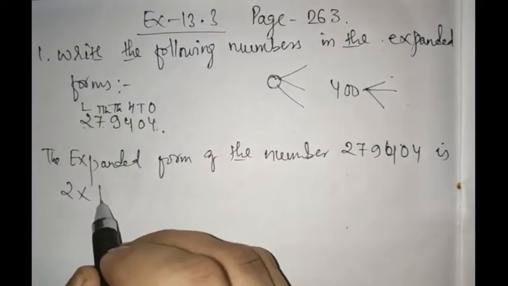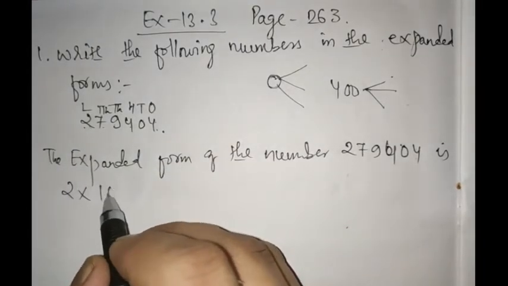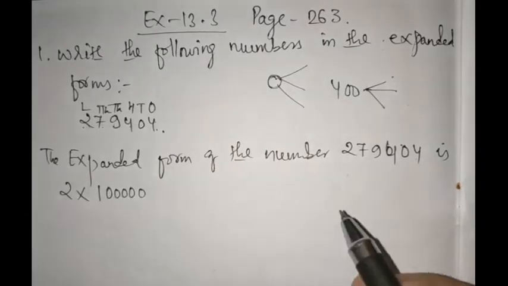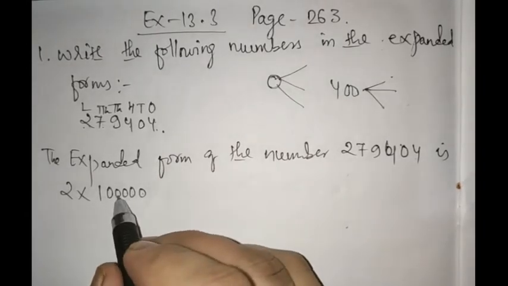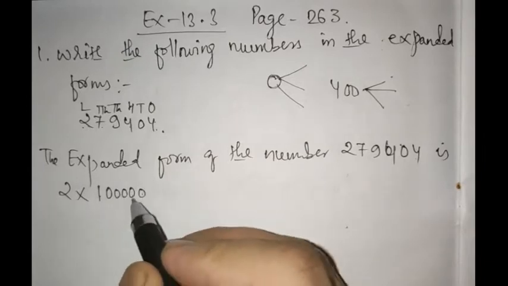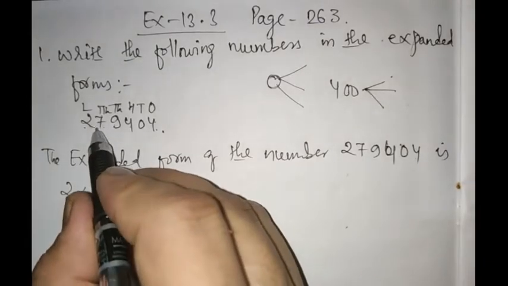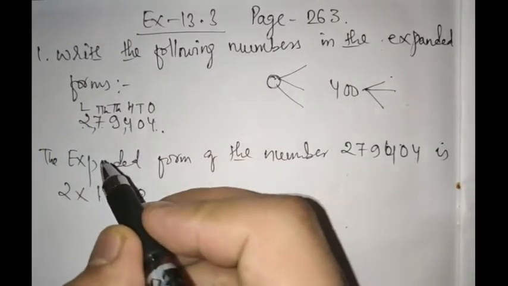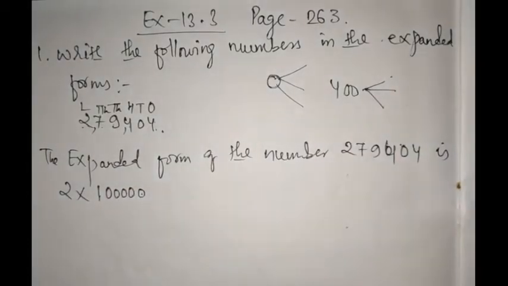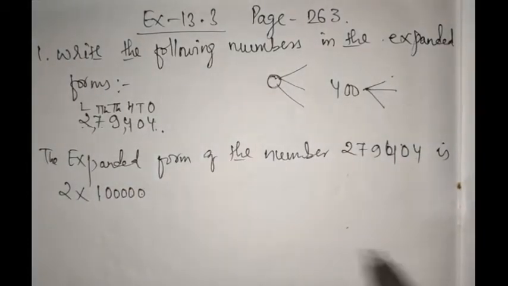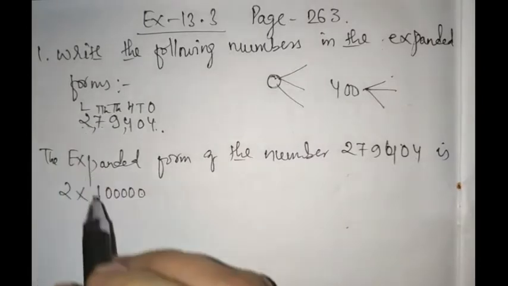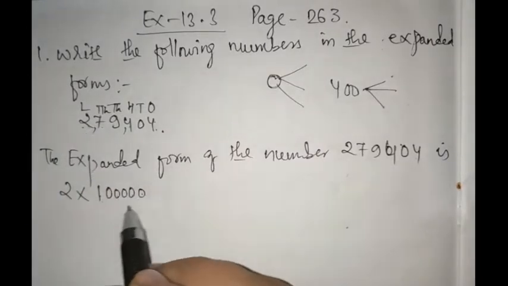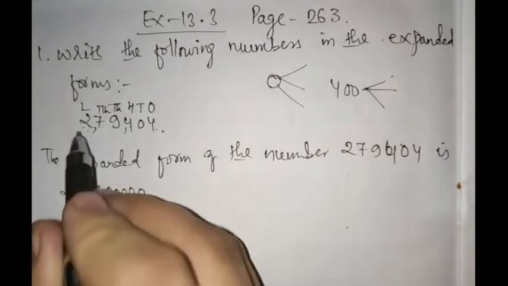So we are going to multiply it with lakh. 1 2 3 4 5 6. In lakh you have a total of 6 digits, right? That's why we usually put a comma here and a comma here after 4 digits. So now it is in the lakh position, so that's why I have multiplied with 1 lakh. Why? Because it is in the lakh position.